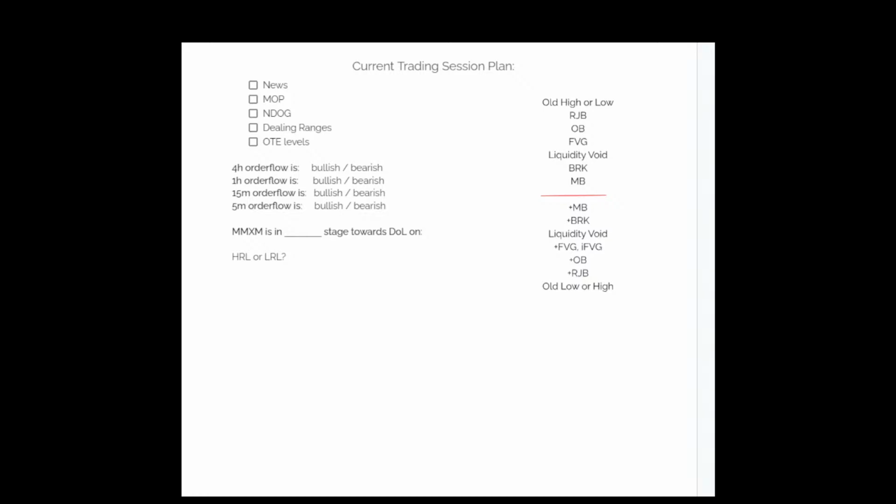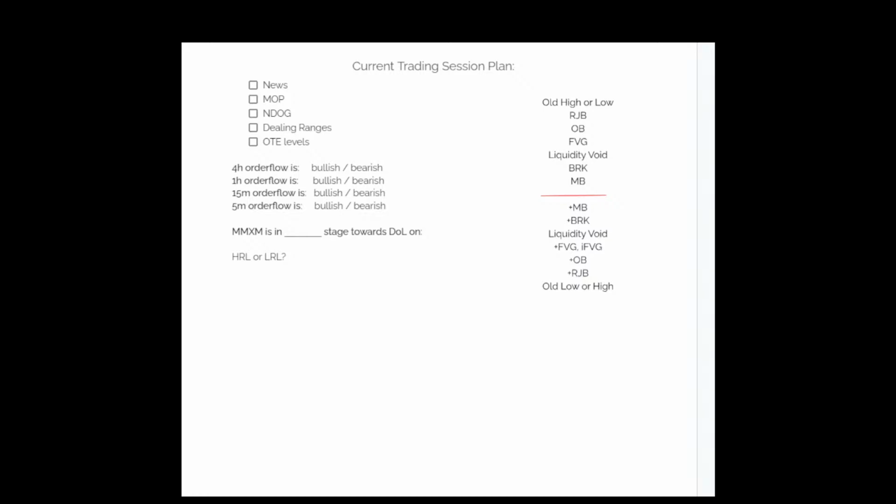All right. So that's that, and equilibrium. Again, I'll just mark that off as well. Daily OTE, 50%. Okay, let's take that off.